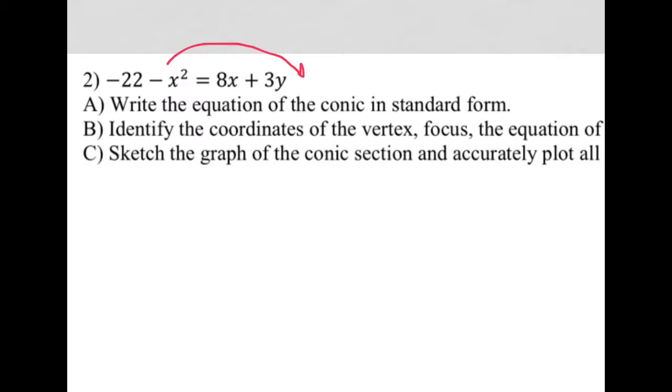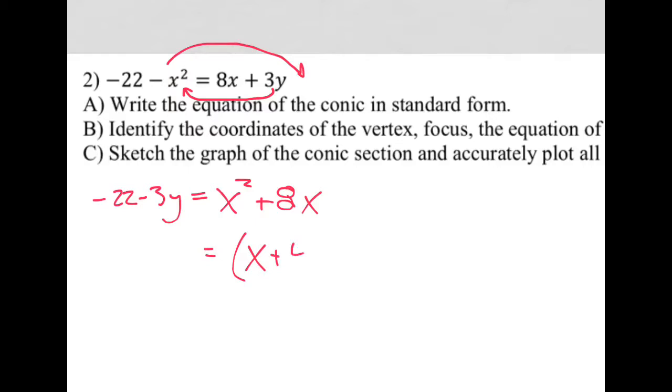And then I want to move that 3y over to this side, so I'm going to subtract 3y. So on the left, I'm going to have negative 22 minus 3y equals, on the right, positive x squared plus 8x. And now I can complete the square on the right, which will give me x plus 4 quantity squared.